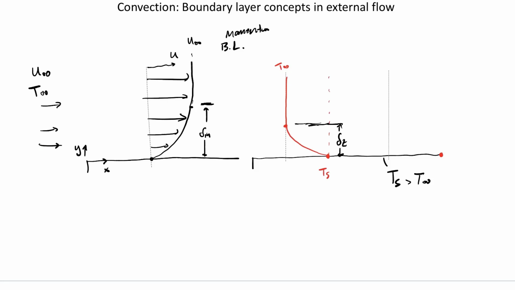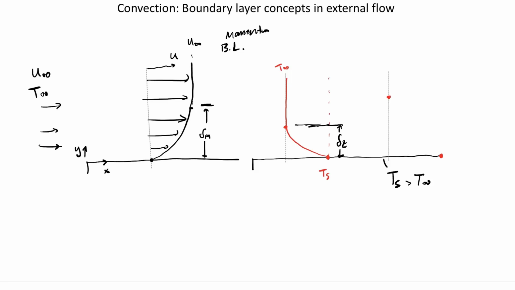So now I would say my T infinity might be somewhere out here, and if I sketch it, it might look something like this. So this is T_S here, this is T infinity, and now my thermal boundary layer thickness is this, delta sub T. If I sketch this, the thickness of the boundary layer is a function of position.